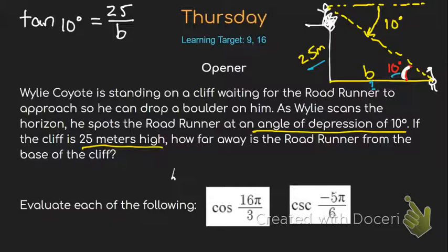And here's the mistake. This is a big, fat no. This is the mistake that I'm seeing. People are multiplying both sides by 25. That is a big, fat no. Why?